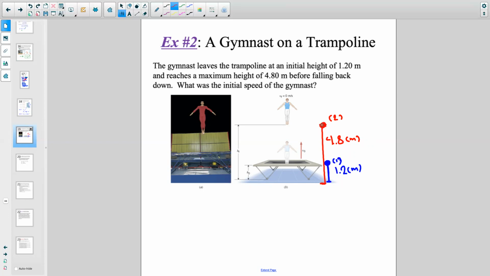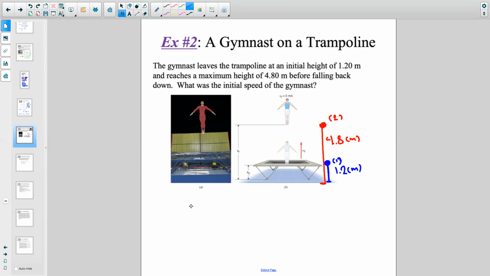Now, what was the initial speed of the gymnast? Do we have any non-conservative forces? Do we have any friction? Do we have any air resistance? We do not have any information about those, so we assume that they are 0.